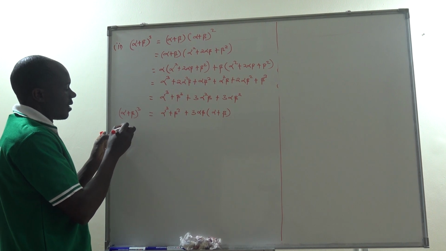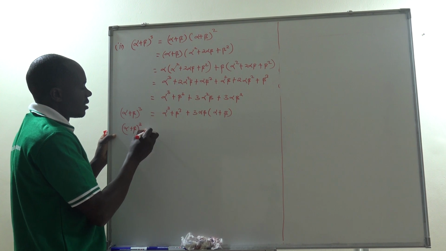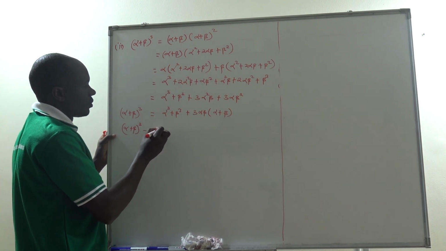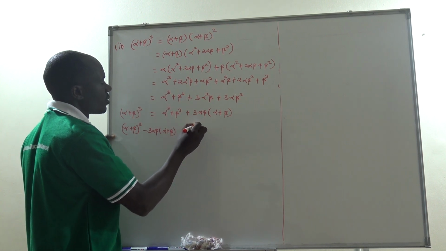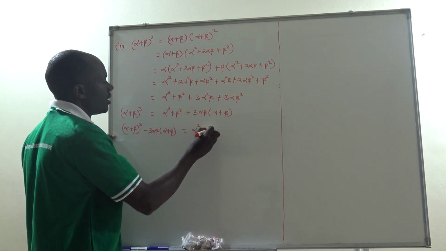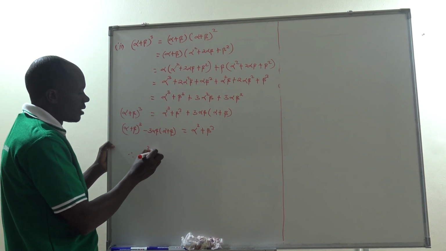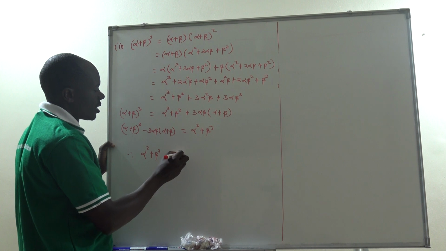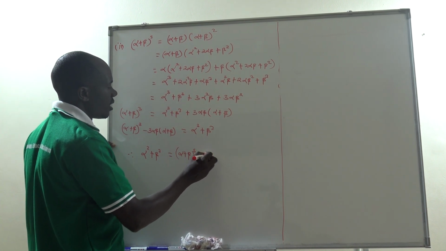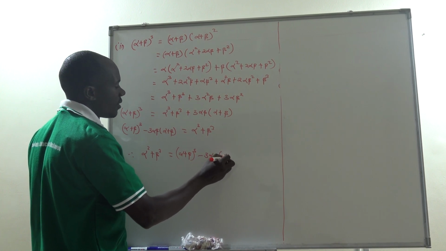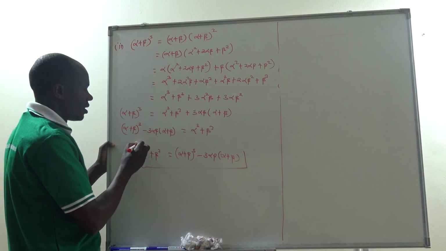We are having alpha plus beta, the whole of it cubed, minus 3 alpha beta into alpha plus beta, which is equal to alpha cubed plus beta cubed. Therefore, alpha cubed plus beta cubed is alpha plus beta cubed minus 3 alpha beta into alpha plus beta. So you will have already come out with this identity.